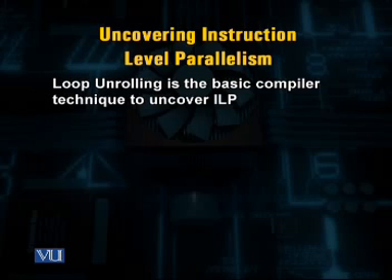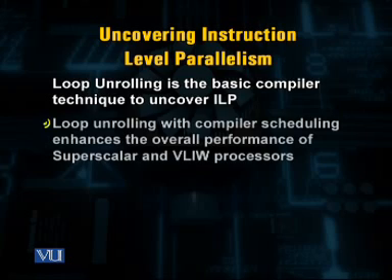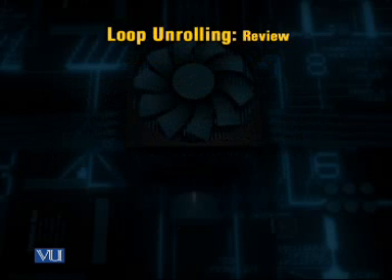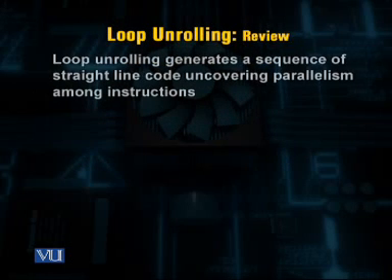We have observed that loop unrolling with compiler scheduling enhances the overall performance of superscalar as well as very long instruction word processors. Loop unrolling generates a sequence of straight line code, uncovering parallelism amongst the instructions.